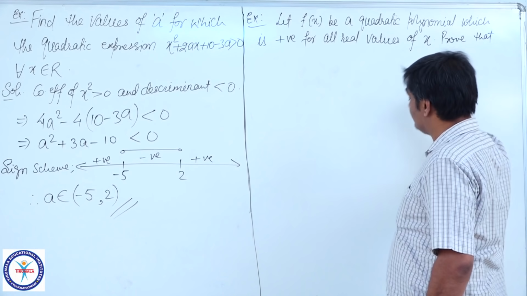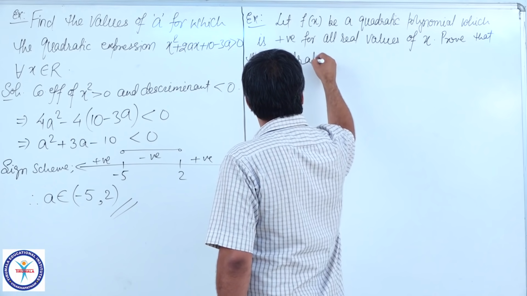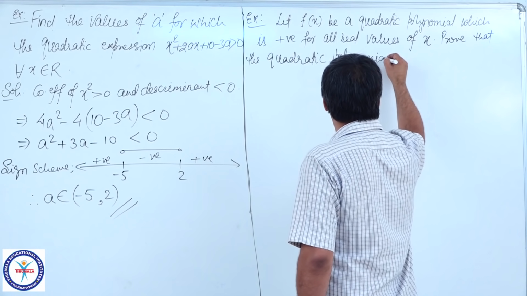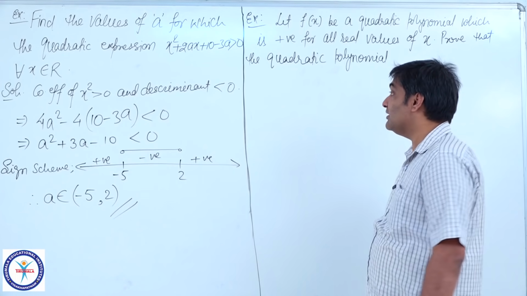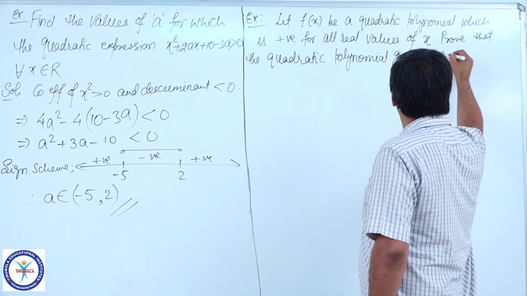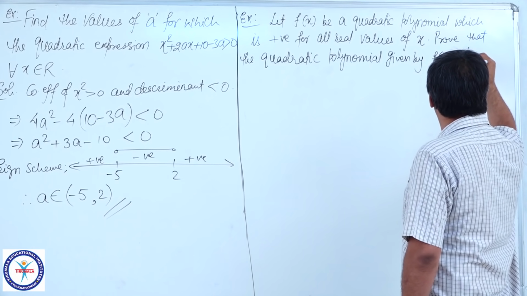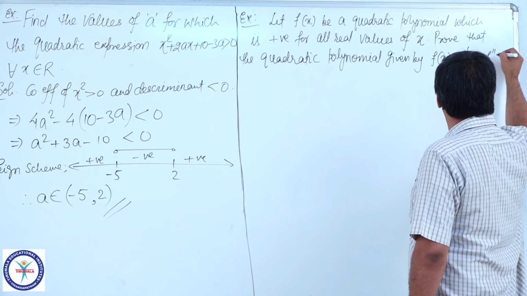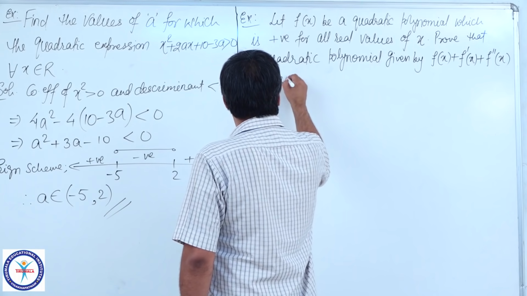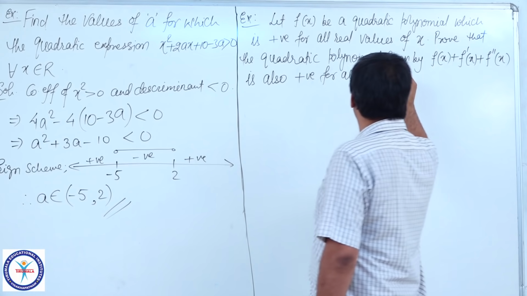Prove that the quadratic polynomial given by f of x, if it is positive for all real x, then f of x plus f dash x plus f double dash x is also positive for all real x.